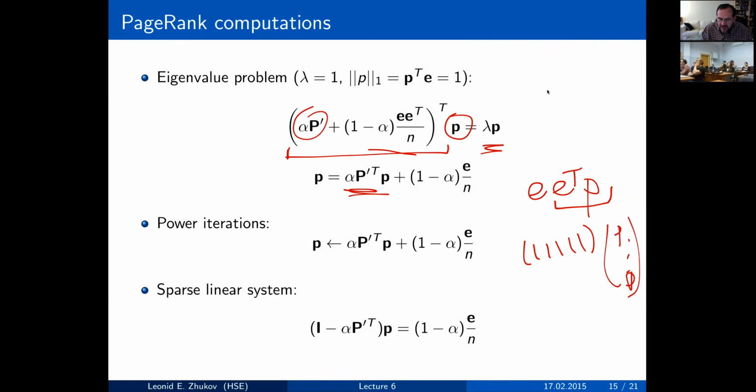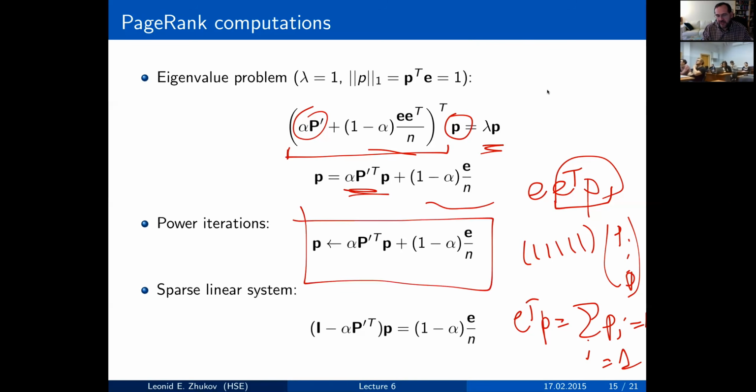This product is really just the sum of elements of the vector P. But these elements are probabilities, so they sum up to 1. So this is just the norm of vector P, which is 1, and that's why when you multiply this through, it actually goes away. And so we get the formula for power iterations.